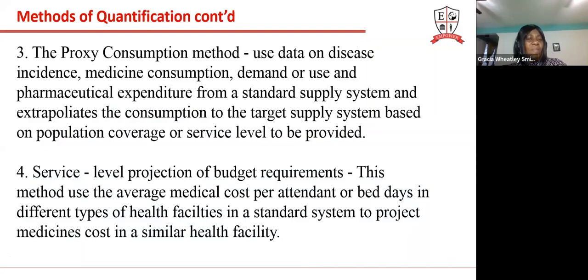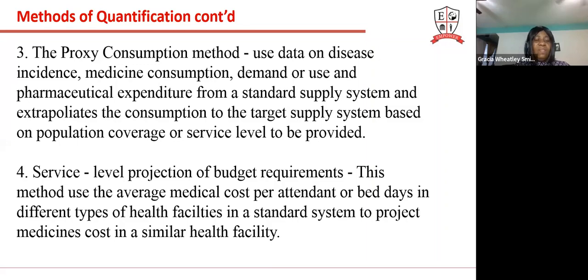So what are the other methods of quantification? We have the proxy consumption method, which uses data on disease incidence, medicine consumption, demand or use, and pharmaceutical expenditure from a standard supply system and extrapolates the consumption to the target supply system based on population coverage or service level to be provided.